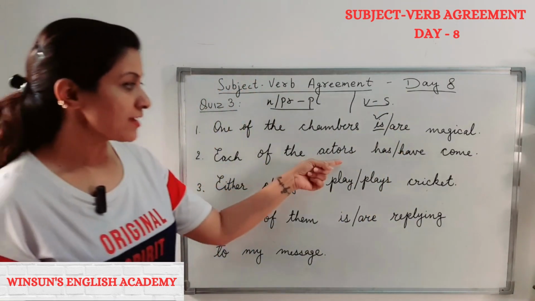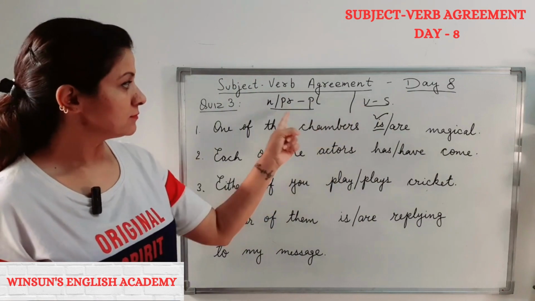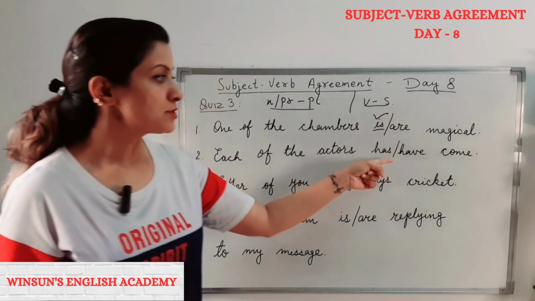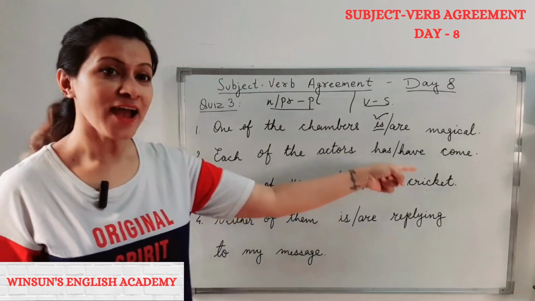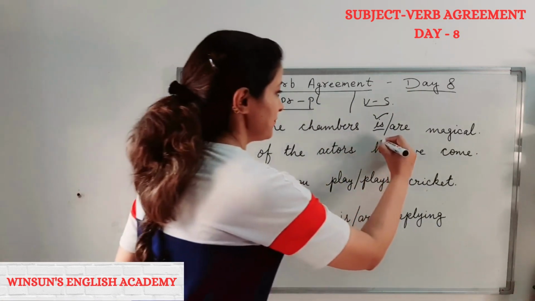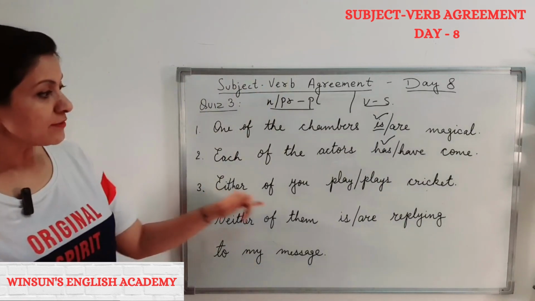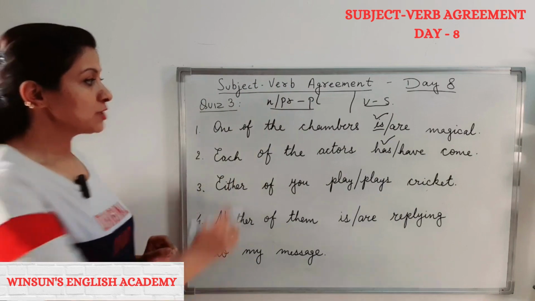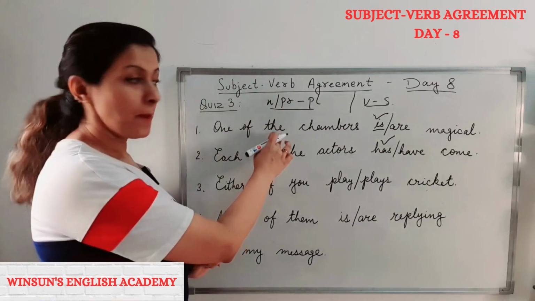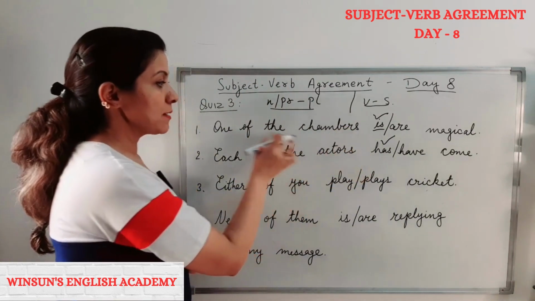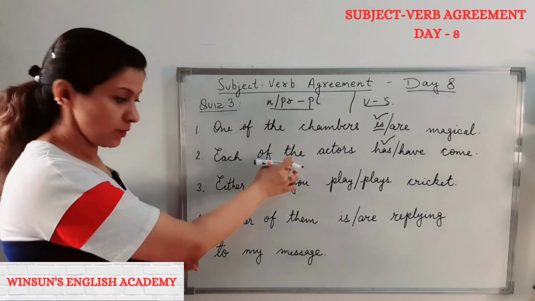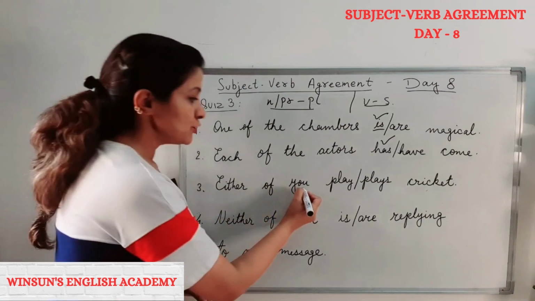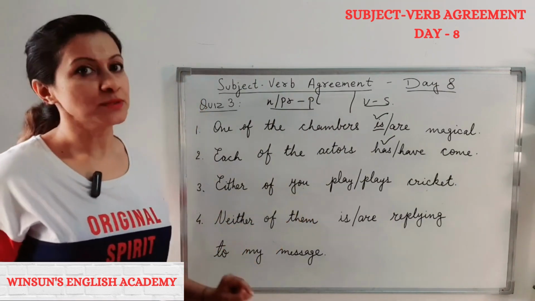Each of the actors, noun is plural. Noun, plural, correct. Has or have come, verb must be singular. Has or have come, has come. Either of you, again we just now learned that before pronouns we do not use the article the, but before nouns it's compulsory. You have to use the. Okay, now either of you, we have also learned that you is a plural subject.